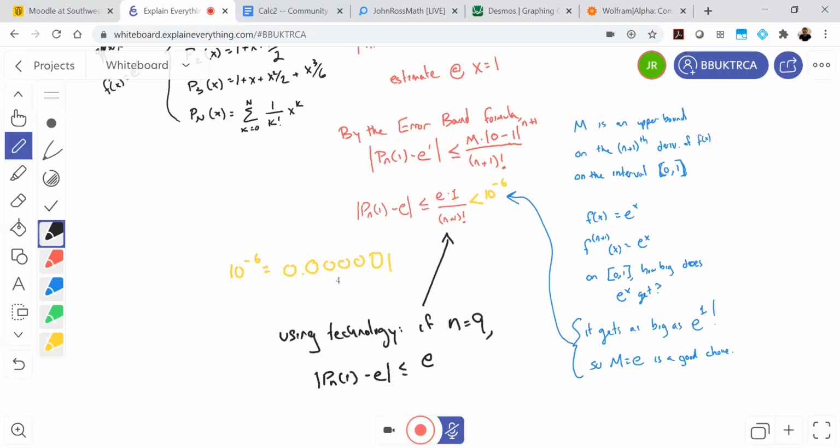Maybe I should say if this is p sub 9 of 1 minus e, that's less than or equal to e divided by (9 plus 1) factorial. And by using technology, we saw that that was less than or equal to 10 to the negative 6.